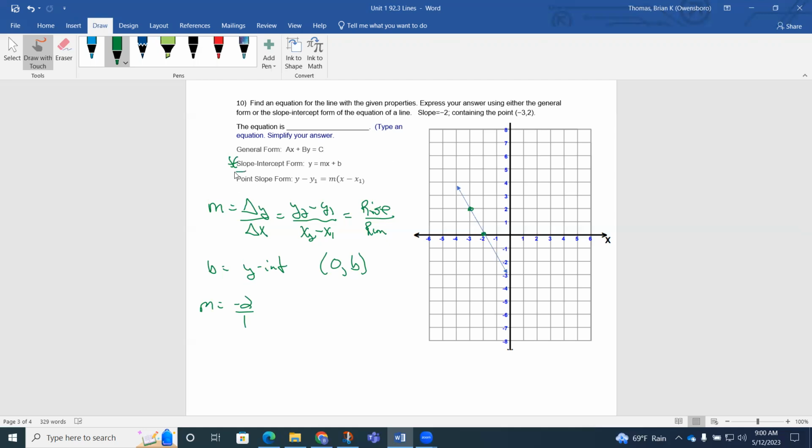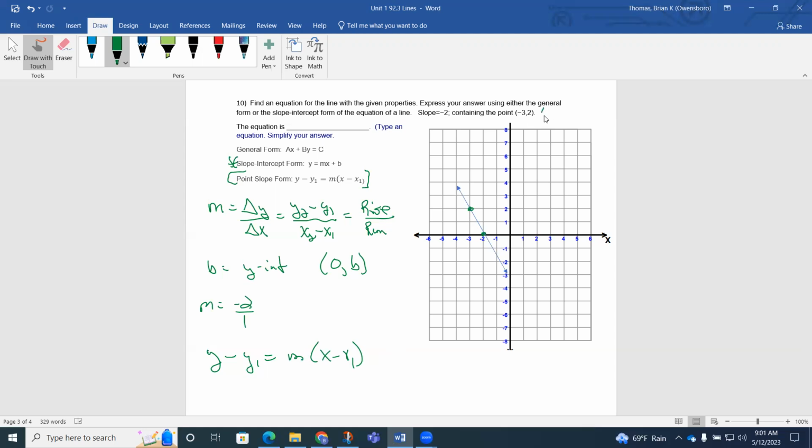To start with, we're actually going to be using this formula here to create the equation of a line. In the point-slope form, we're going to be using y minus y1 is equal to m times x minus x1. So y1 and x1 represent the point.